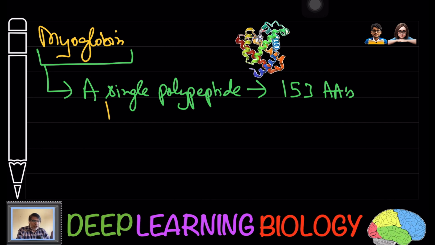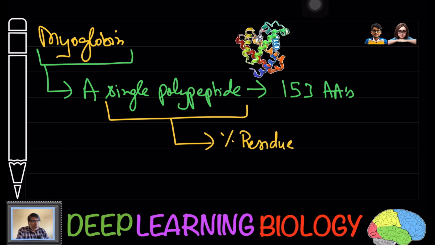Now this single polypeptide is going to fold, and if you look at the percent residue, most of it, 78%, is alpha helix.